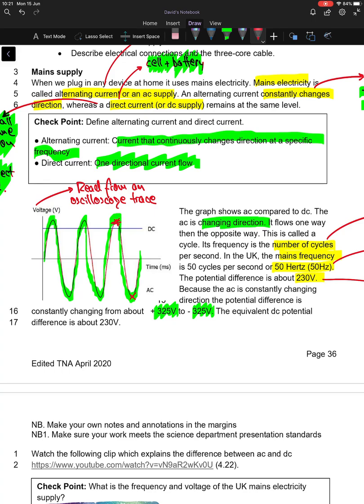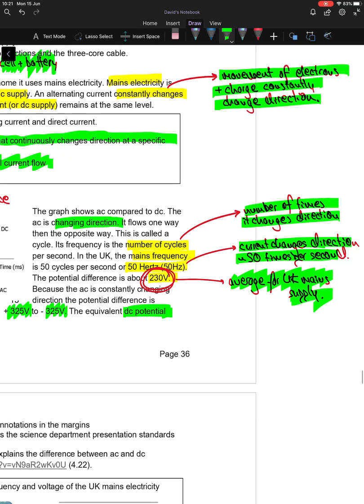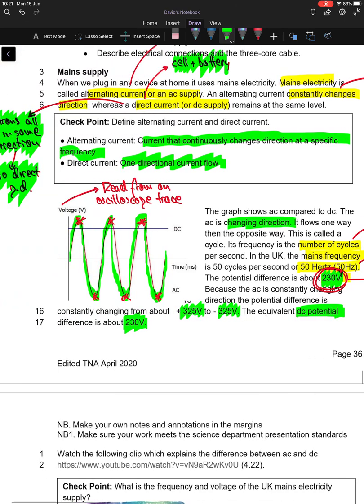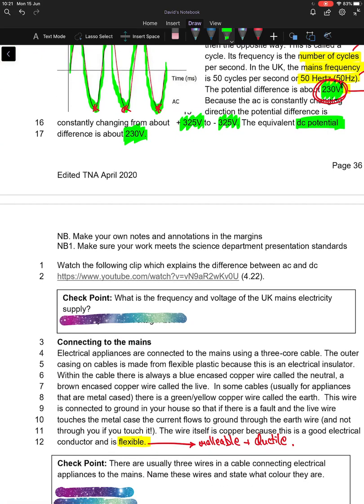So it's positive, negative, negative, positive. It's constantly going from one to the other, whereas the rough average is about 230 volts, okay? And the same also applies for voltage in batteries, roughly about 230 volts. That's an important number to remember for the UK mains supply. 230 volts is the average potential difference for it.